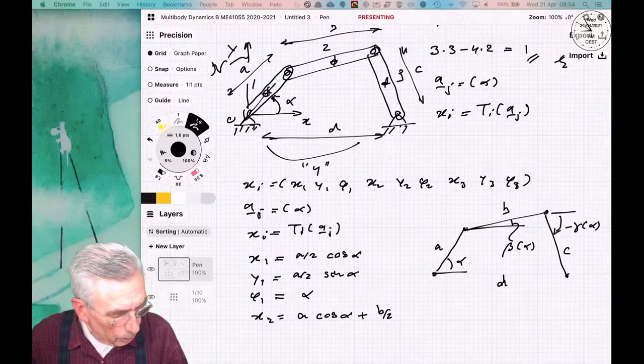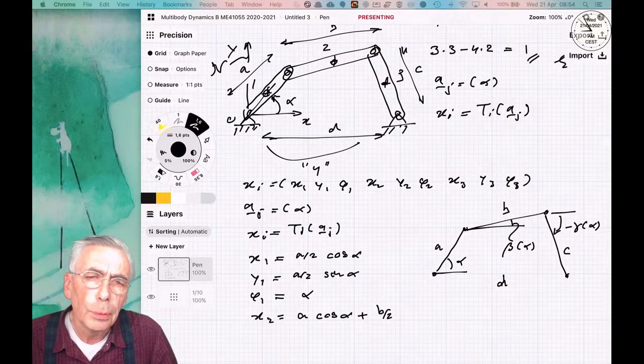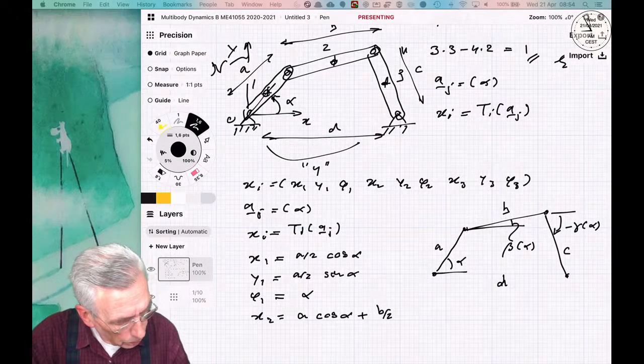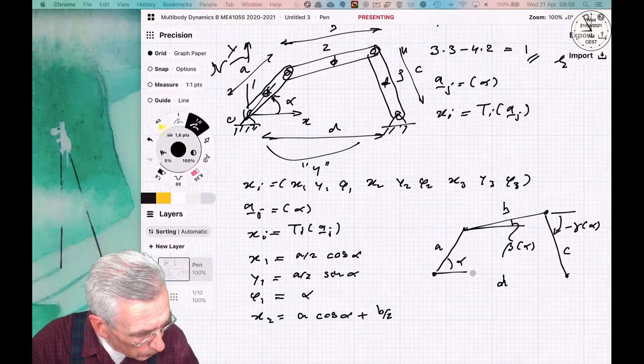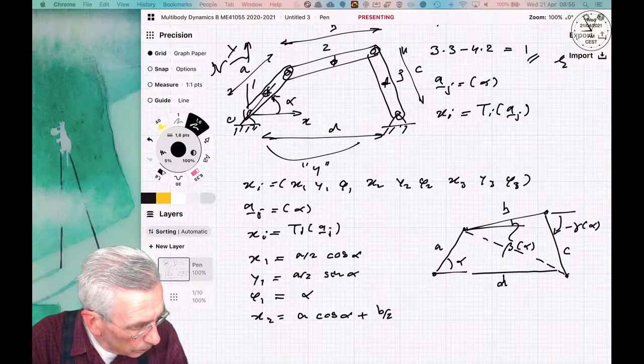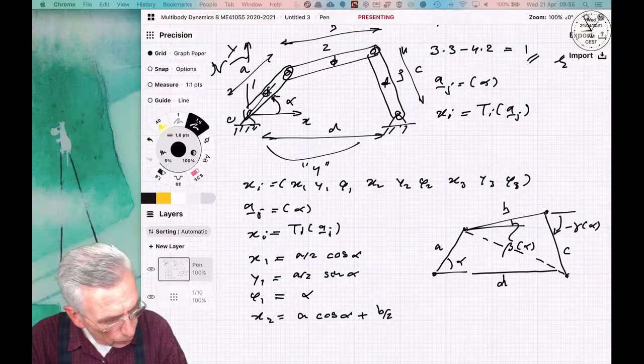So if I remember well from geometry, you have to build all these triangles, and then with sine and cosine you have to start. So well, let's complete this triangle, and then we draw this line, and now we have 2 triangles.